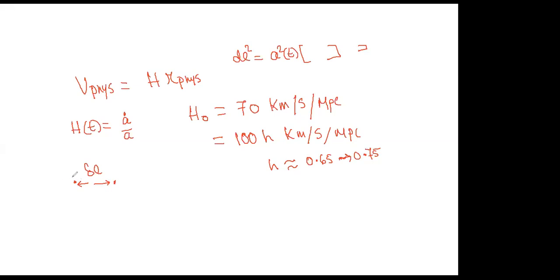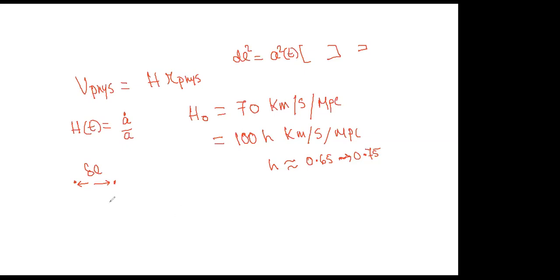As the photon starts from here, it has a frequency omega. But as it goes to this side, there is a velocity in between, because the universe is expanding. We already calculated this velocity v. These two galaxies or observers are moving away from each other. So this photon undergoes the simple Doppler effect, and its frequency will be Doppler shifted.